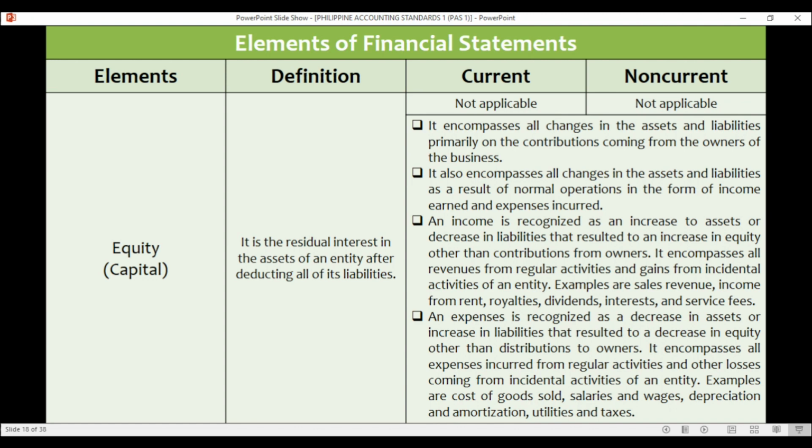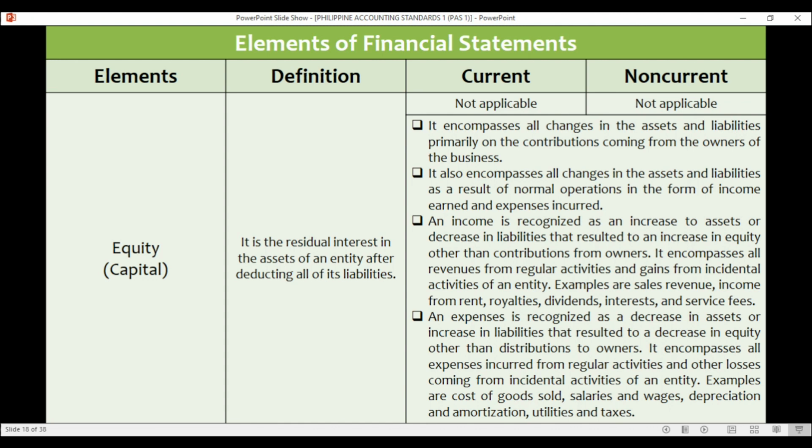It also encompasses all changes in the assets as a result of normal operations, referring to your income earned and expenses incurred. Therefore, these are the changes associated in your statement of comprehensive income. Your comprehensive income is closed to your statement of equity.